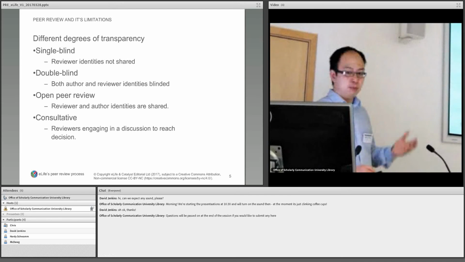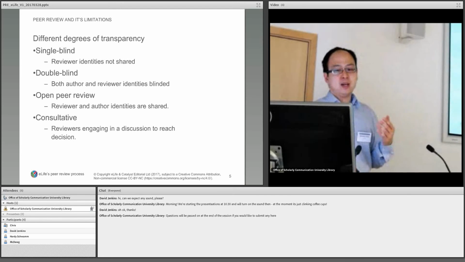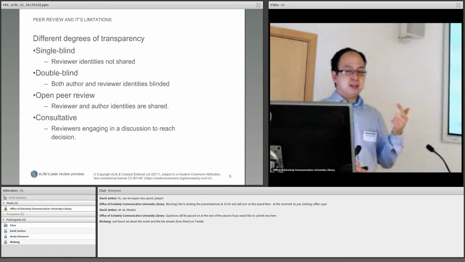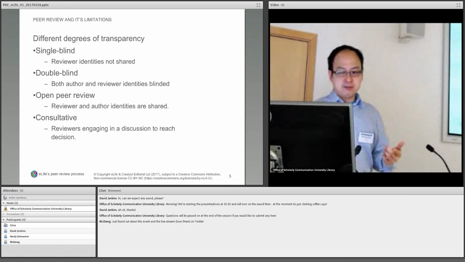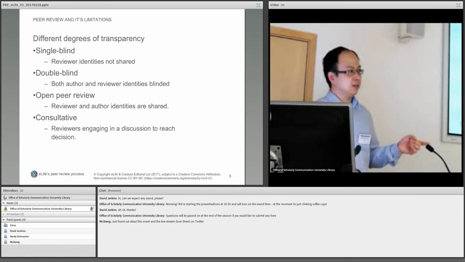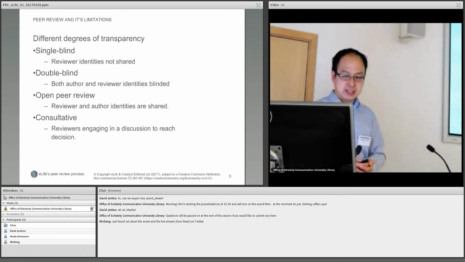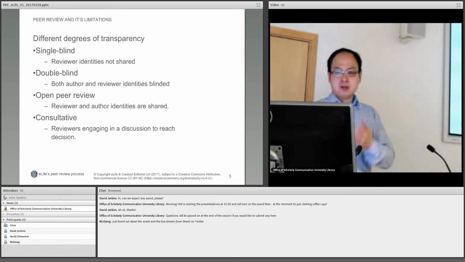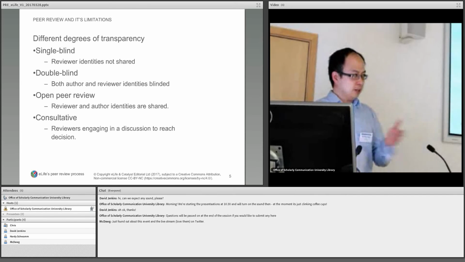Then there's the double-blind type, where the author's identity and related information is not shared with the reviewer, and likewise, the reviewer's identity is not shared with the author. At the other end of the spectrum, there's open peer review, where the reviewers' and the authors' identities are shared between the two parties.